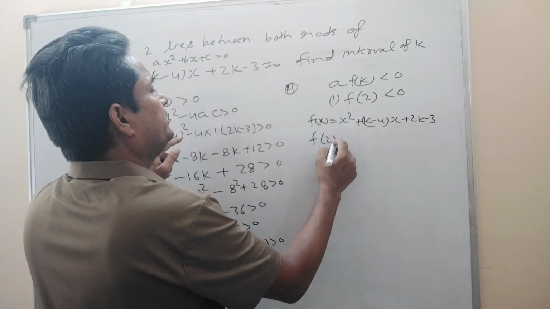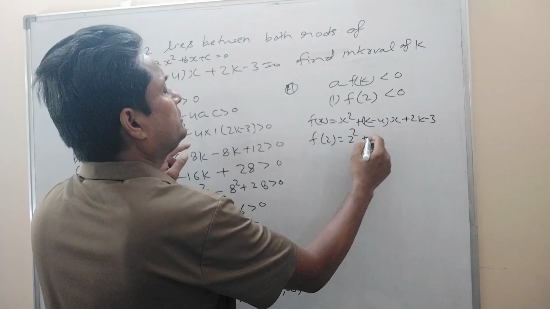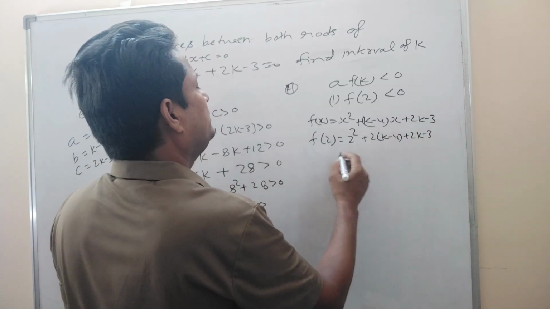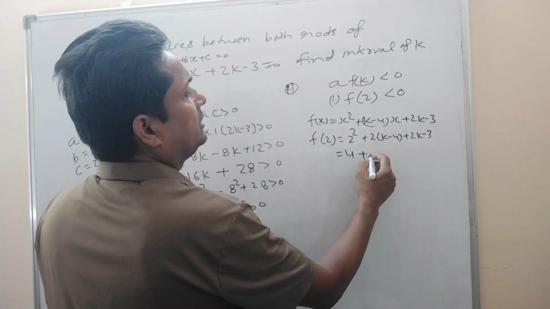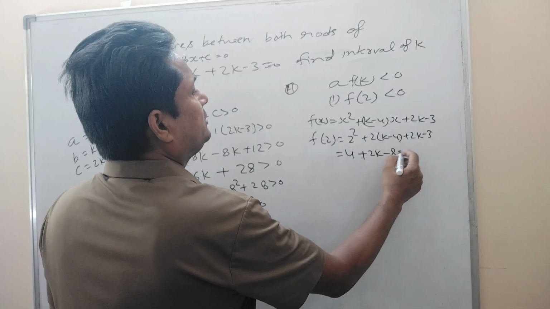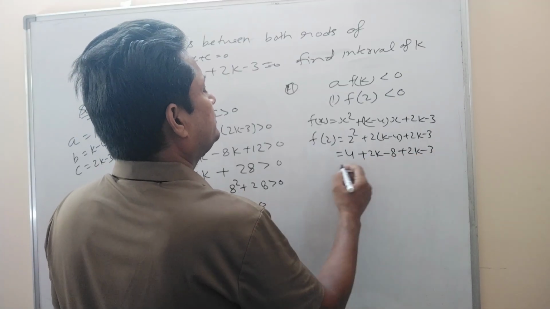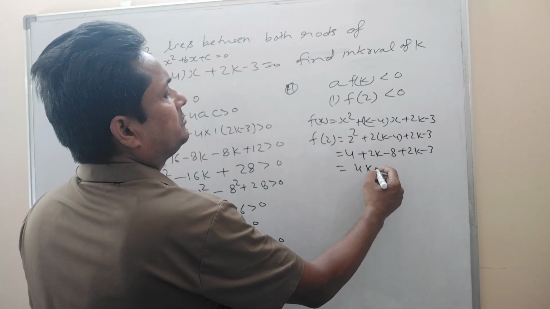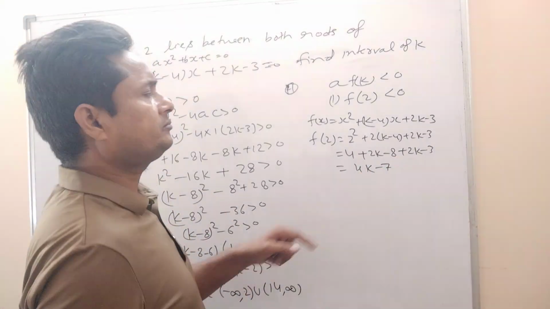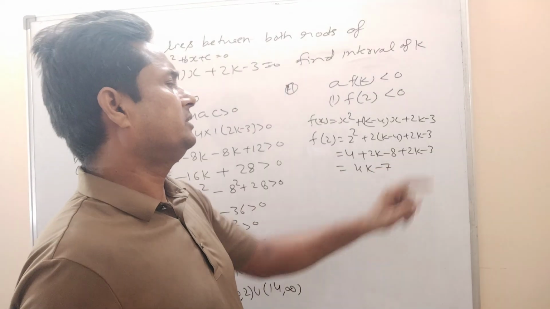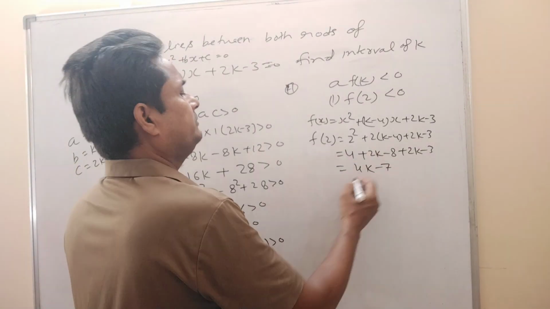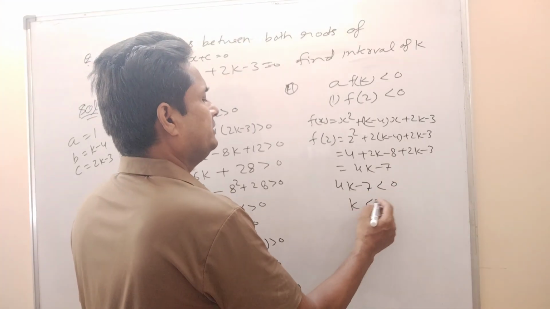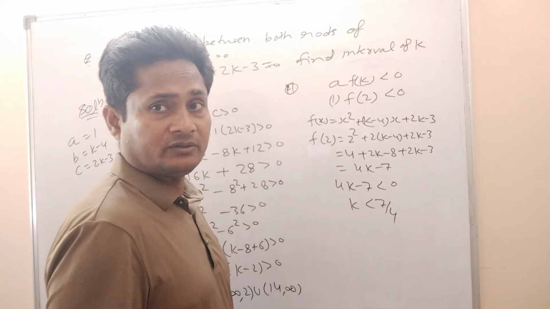So f(2) will be 2 square plus 2 times (k minus 4) plus 2k minus 3. That means 4 plus 2k minus 8 plus 2k minus 3. So this will be 4k minus 7, as minus 4, minus 3 is minus 7. And this 4k minus 7 will be less than 0. That means k will be less than 7 by 4.